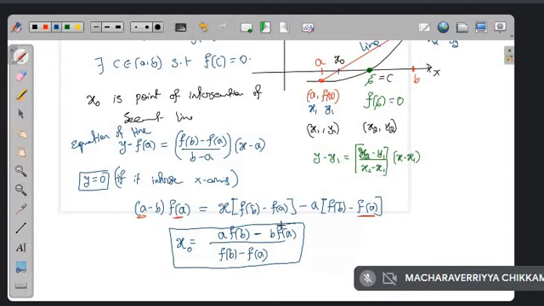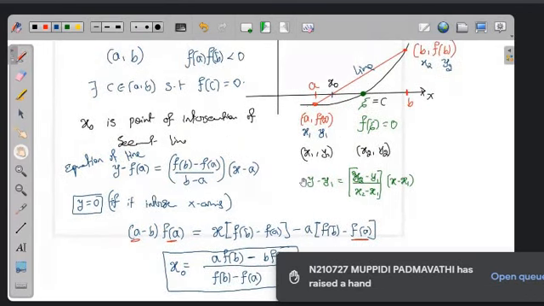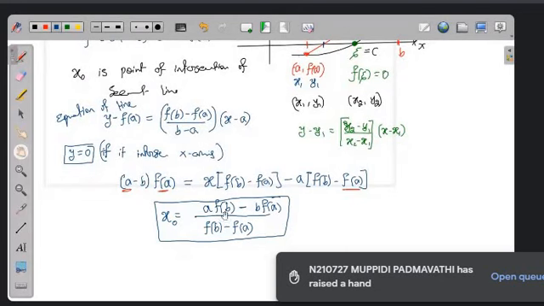So in the bisection method, the first approximation is just the midpoint of the interval. It is so easy to calculate. But here, the first approximation is the point where the secant line intersects the x-axis. And yes, it involves some computation because you need to find f of a, f of b, and substitute everything here.